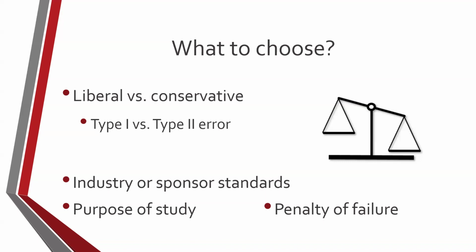But if you're testing a biological product for plant health, the penalty of failure is just the cost of the product, right? You just didn't get the boost that you were hoping to get, and you had to pay money to put it on your field. So much lower penalty of failure there. So a 15 or a 20% significance level can be perfectly appropriate for those types of products.